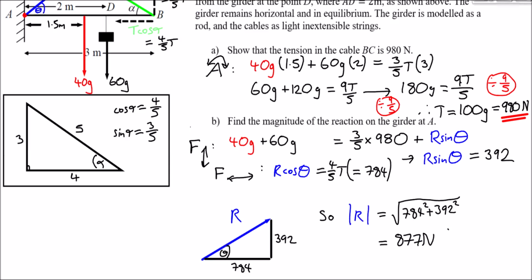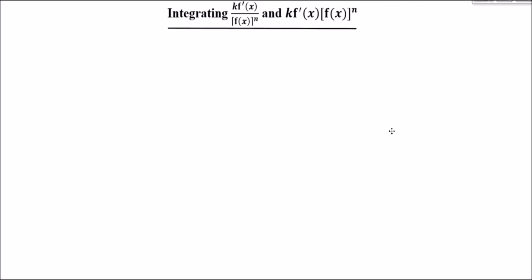So now we've done those warm-up questions, let's get to the main bit where we're going to consider how to integrate using the reverse chain rule, or as I would call it, a U substitution method. Today's main focus is integrating expressions of the form k f dash x either divided by f of x to the power n or multiplied by f of x to the power n. Essentially, these two things, although they look different, are one and the same.